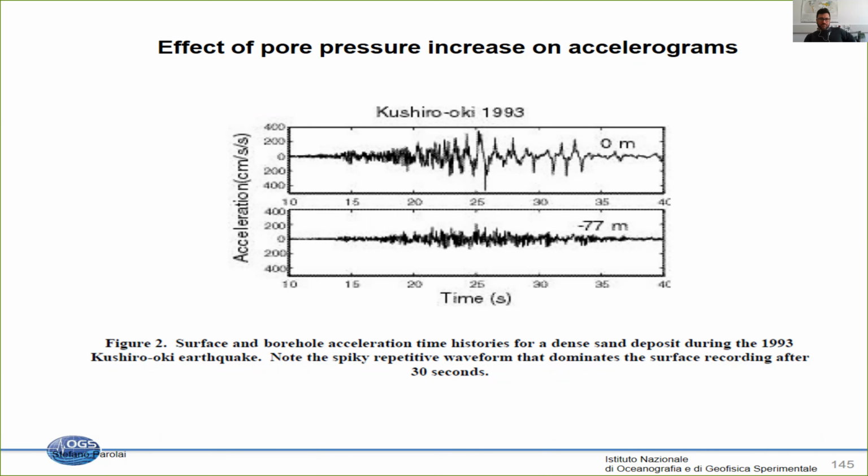So these are the surface, you see at 0 meter, and the borehole acceleration time histories for the Kushiro-Oki earthquake of 1993.